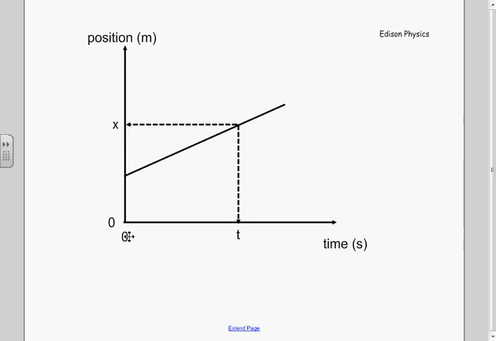Now because this is a straight line that doesn't turn around and come back, my distance and my displacement are both the same. I went from here to there. Oh, wait a minute. I better have a name for this place down here. This is a position also, but it's a special position, so we're going to give it a special label.